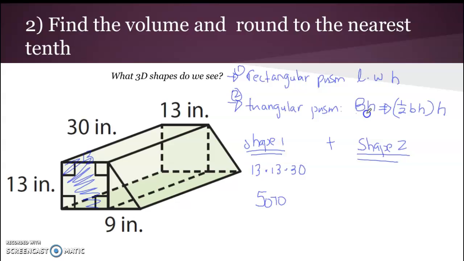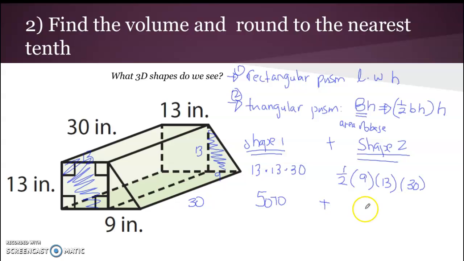And again, remember, big B represents the area of the base, which is this guy right here. On this side, the height is 13, and the base is 9, and then the length of the entire prism is 30. So when I do the substitution, half times 9 times 13 times the length of everything.